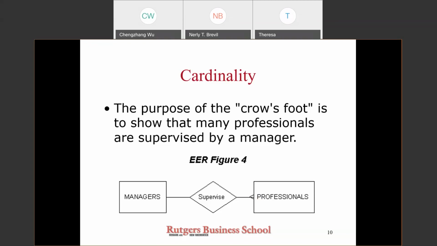And now let's modify this diagram to show that it is possible for a professional to be supervised by more than one manager. So if so, the relationship between managers and professionals is many to many. And in that case, we just need to add the crow's foot to the manager side.